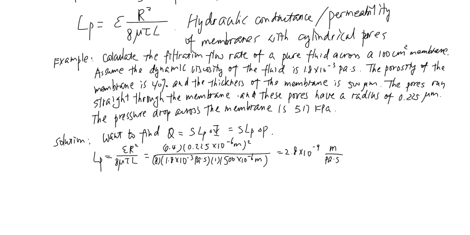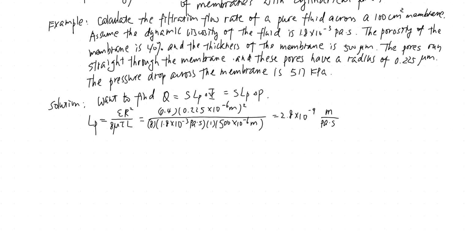Okay, now let's calculate the Q. Q is L_P S delta P. The area is given in centimeters squared, so we need to convert it into meters squared.